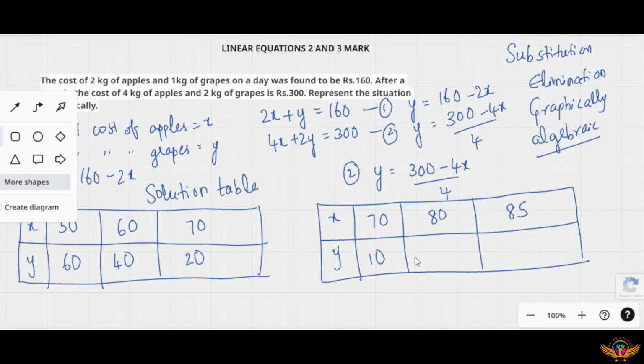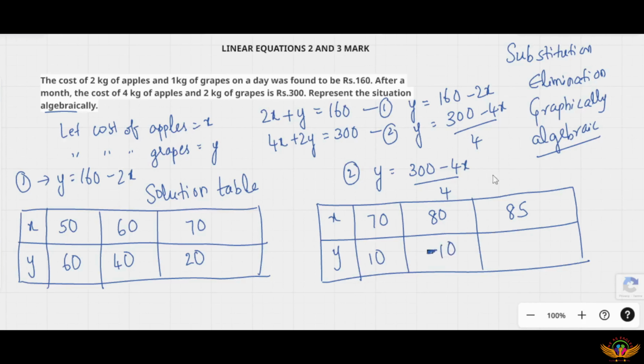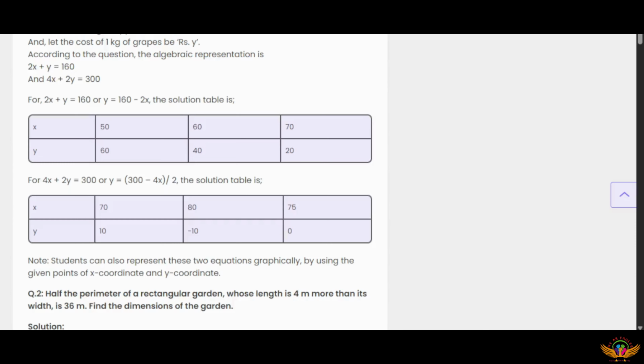Let us take the next one. If I put 80 in the x value, 300 minus 4 into 80, 8 4s are 32, so 320. It becomes minus 20 by 10, that is minus 2.